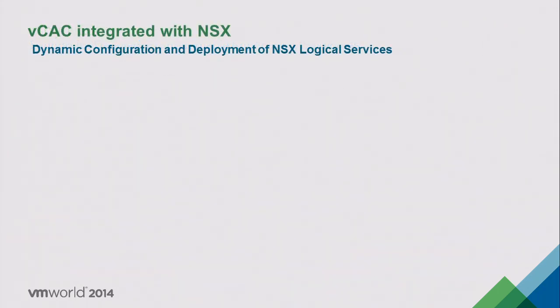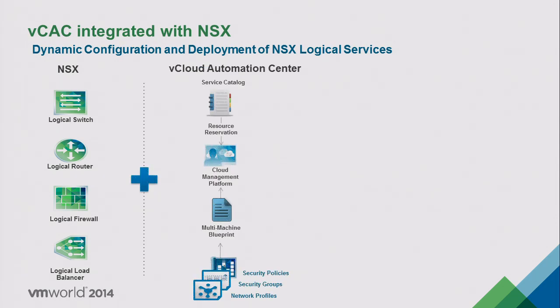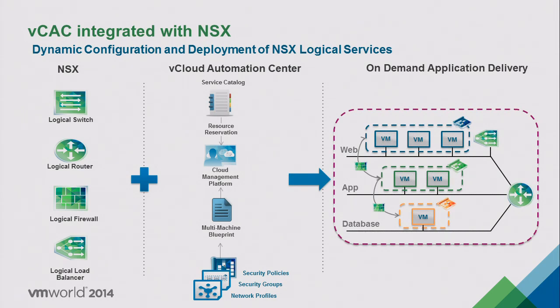So when we take all of these logical network and security services that NSX provides, switching, routing, firewalling, and load balancing, and we combine them with the core features of vCloud Automation Center, so this is the self-service portal, resource reservation, and blueprints, this is really how we're able to meet that goal of on-demand application delivery.